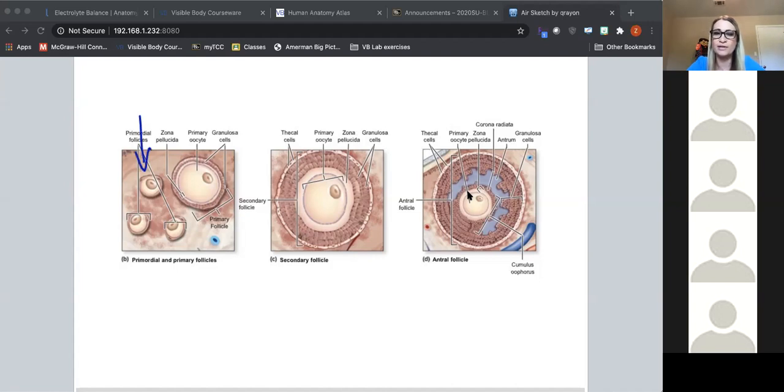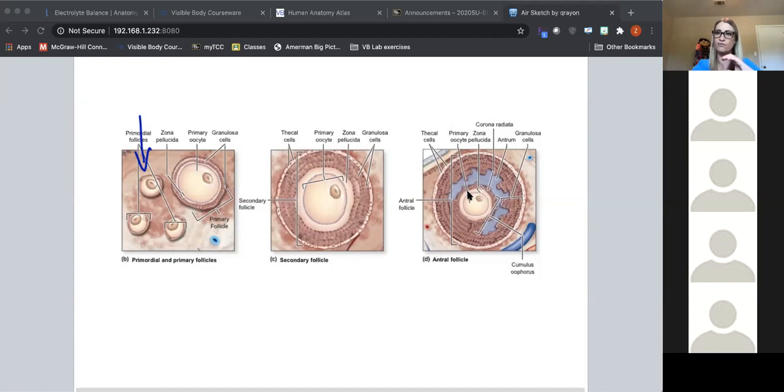Some of these primordial follicles are then going to change a little bit. The cells that used to be flat are going to become more cuboidal cells, and these now are called granulosa cells.